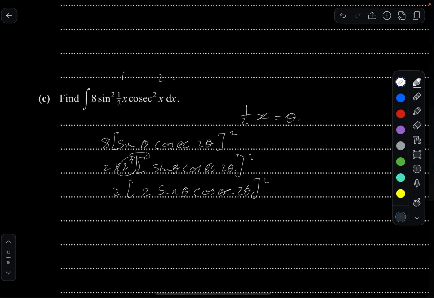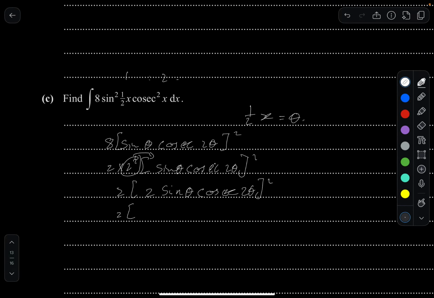Now this part turns into 2 sec of theta, and I know that theta is half x, squared. I'm just simplifying that part. And now the final expression I'm going to get is 2 sec theta, which is sec of half of x.